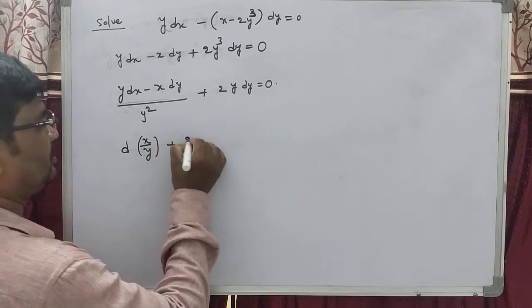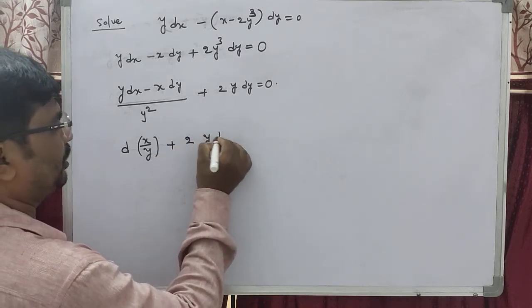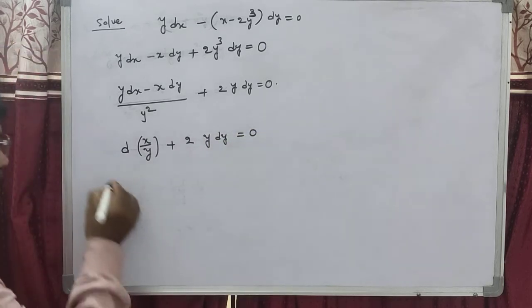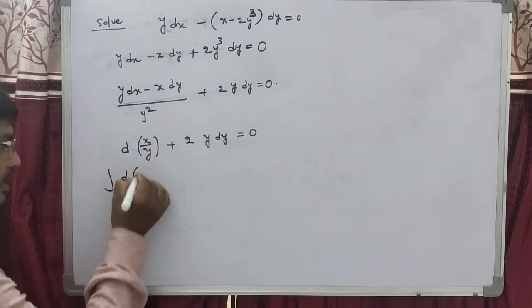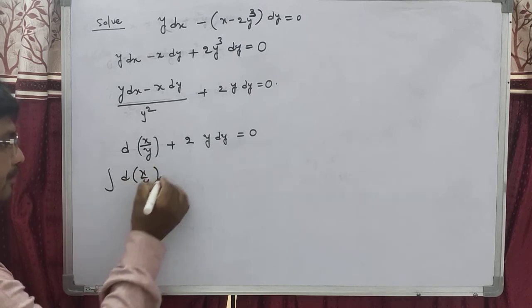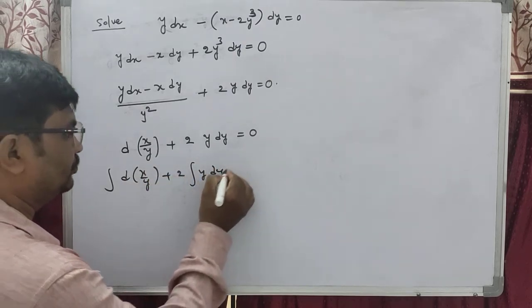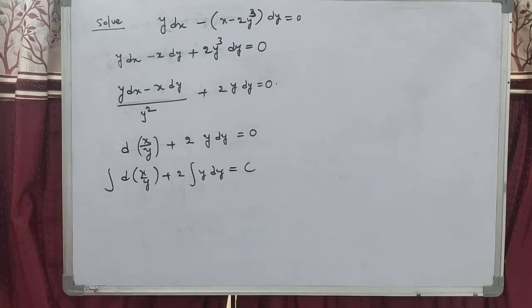Now the next one is 2 into y into dy. Now applying integrals on both sides, the derivative of x by y plus the integral of 2y dy equal to c.